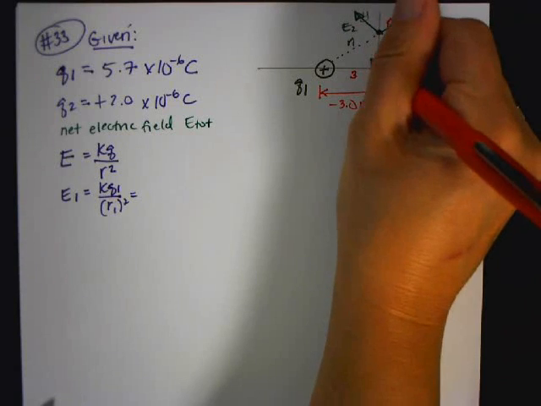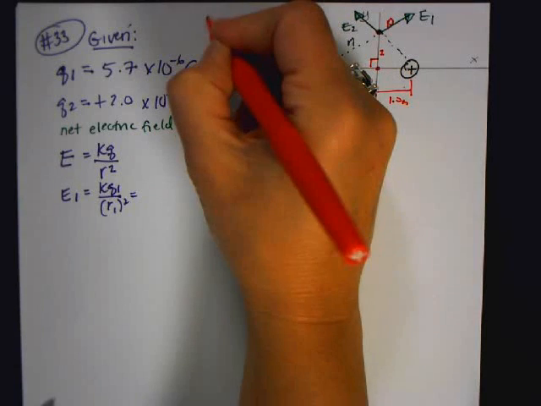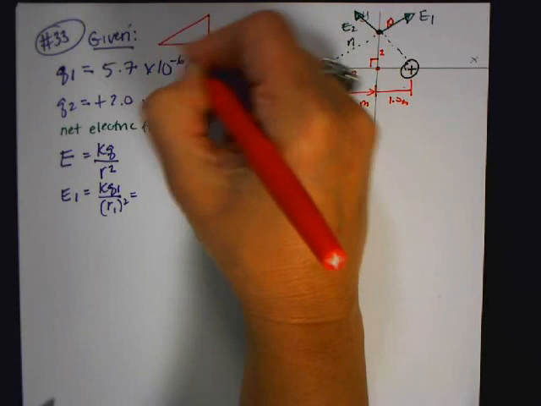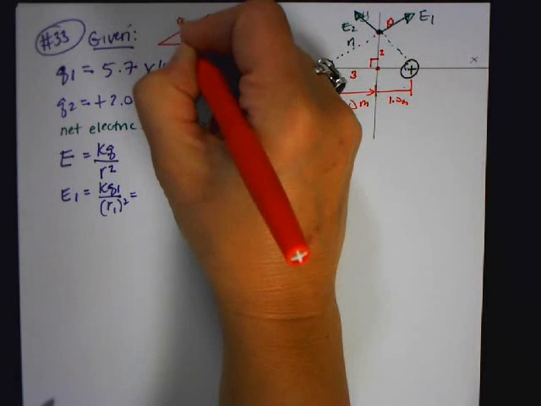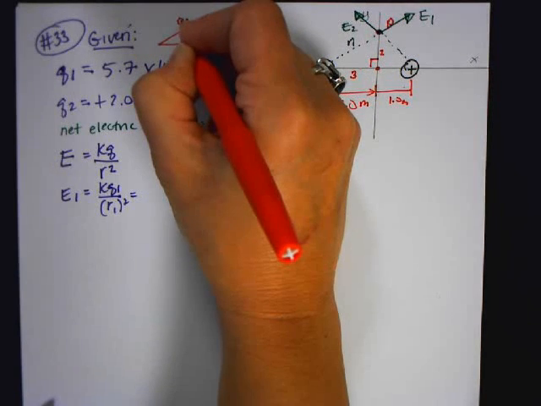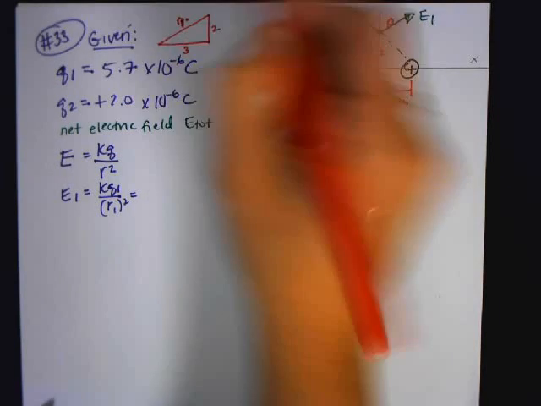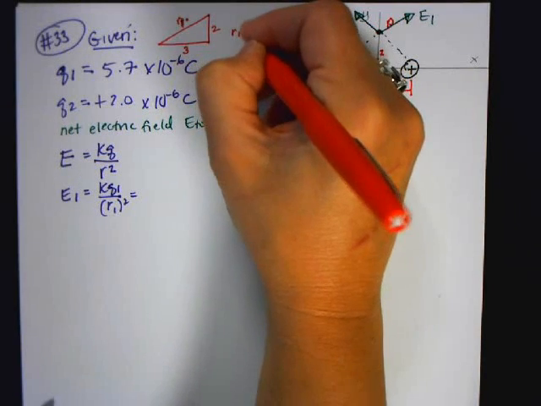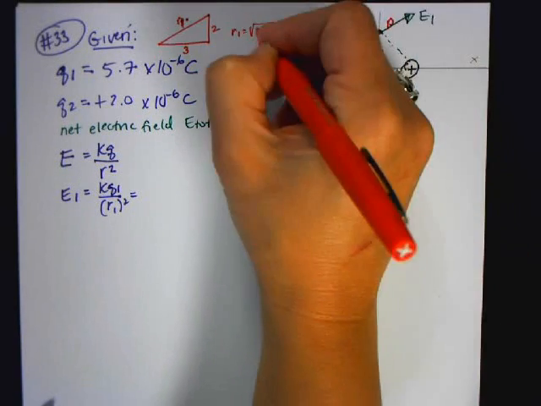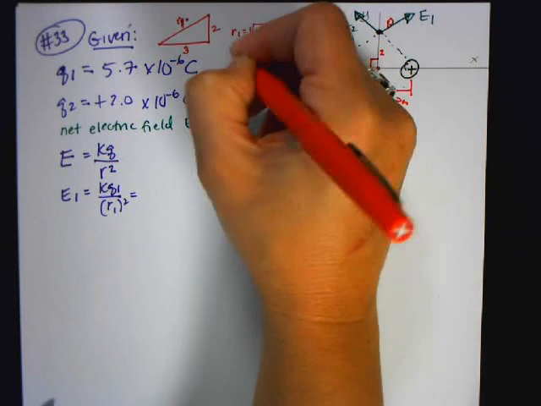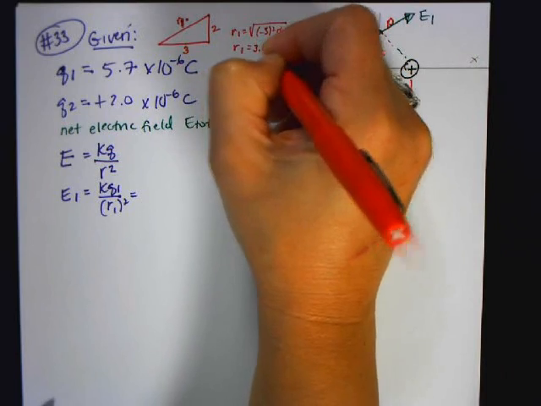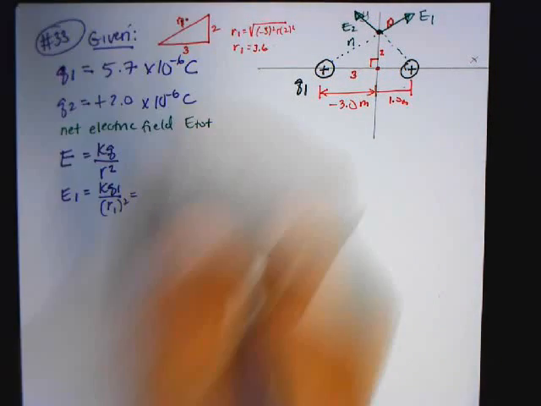What shape is this? A right triangle. So I'm going to do this off to the side. This is a right triangle. This is 3, this is 2, this would be R1. So the way I would do that is I'd say R1 is equal to the square root of 3 squared plus 2 squared, so R1 comes out to be 3.6. So that's where that comes from.